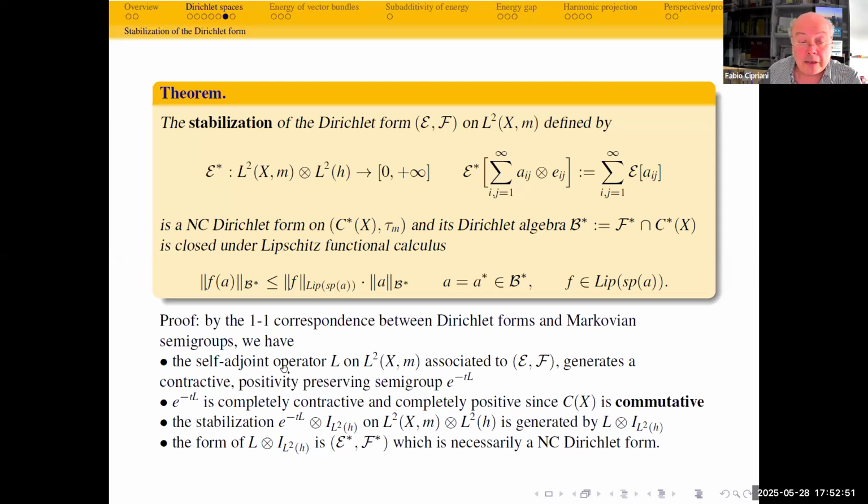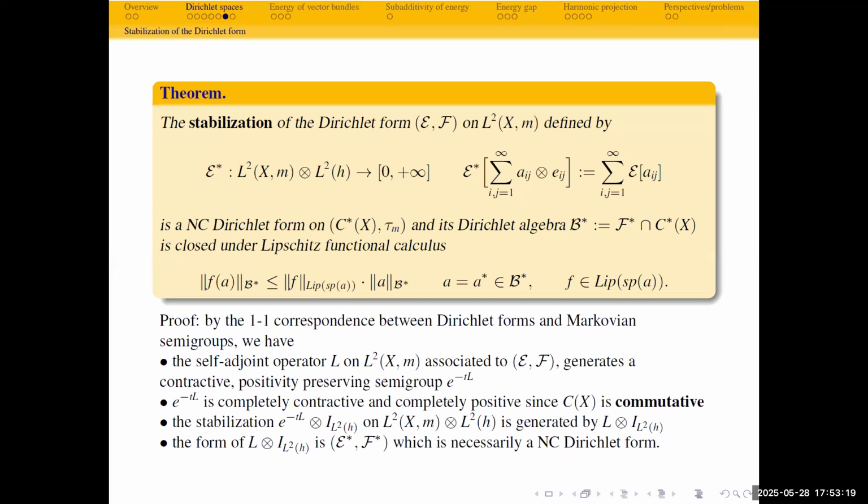And so if we associate to the Dirichlet form the generator L, the generalized Laplacian, we can form the positivity preserving semigroup, and this is automatically completely positive. This means that its stabilization is positivity preserving. In fact, it is Markovian on the tensor product of Hilbert spaces.